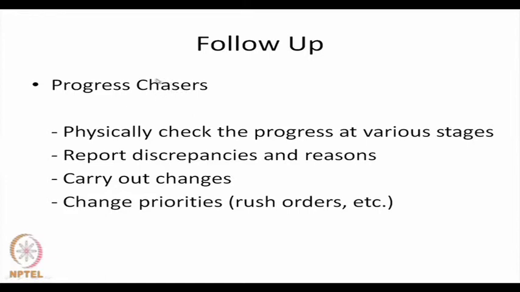Conventionally, on the shop floor, there are persons who are called progress chasers, who physically check the progress of the work at various stages and report discrepancies and reasons for any such discrepancy. They suggest how to carry out changes. They can also change priorities. Suppose, for example, there is a fresh, very important order, that may be given higher priority, and therefore, the production plan may have to be changed.